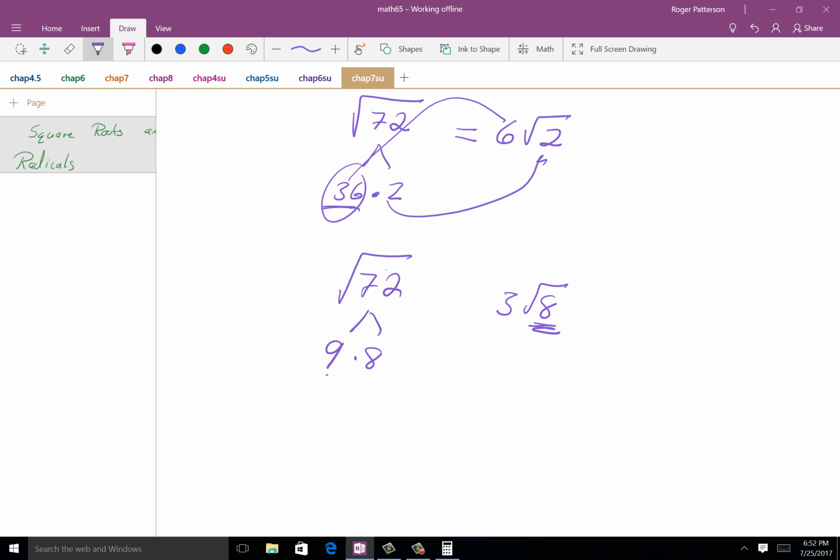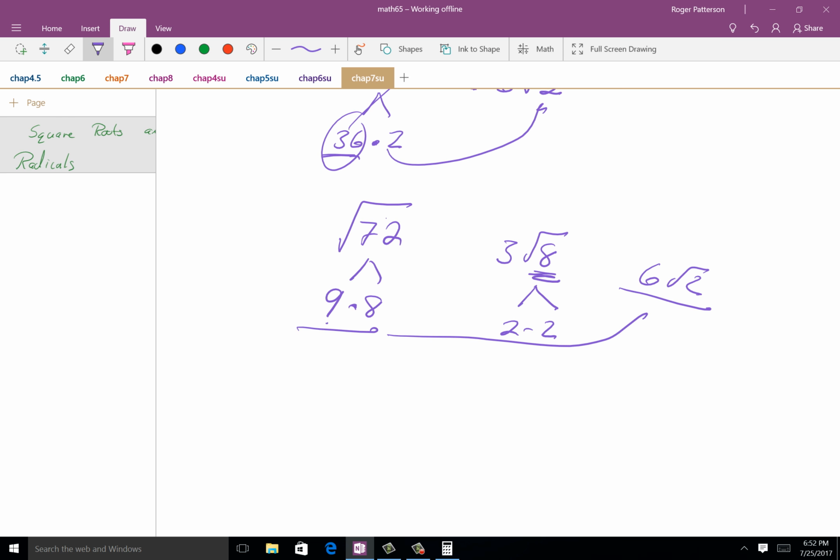That's why you want to find the largest number that goes in there. Here you'd have to break this 8 down more, and finally we would have 6 square roots of 2. That's why you always want to find the largest number that goes in there, because this requires a couple extra steps. Always find that largest number.